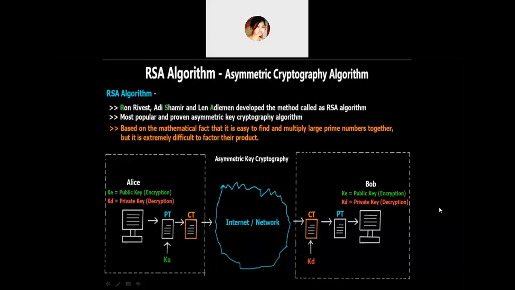Do you remember how many bits are required by asymmetric cryptography? Asymmetric cryptography requires higher processing, and it requires long keys, at least 1024 bits.